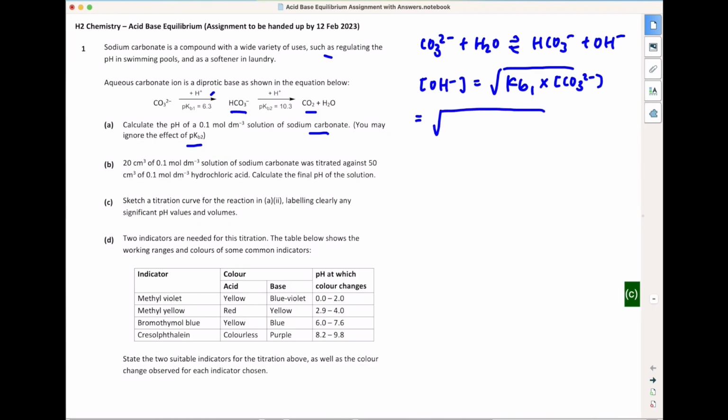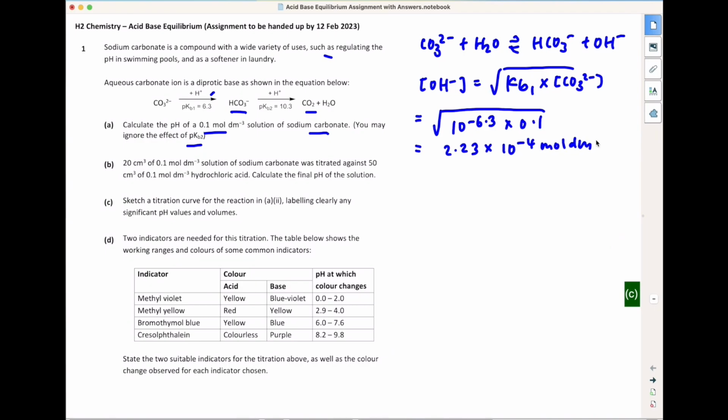If you plug in the values, Kb1 is 10 to the power minus 6.3 times the concentration of carbonate, which is 0.1. You get an OH- concentration of 2.23 times 10 to the power minus 4.